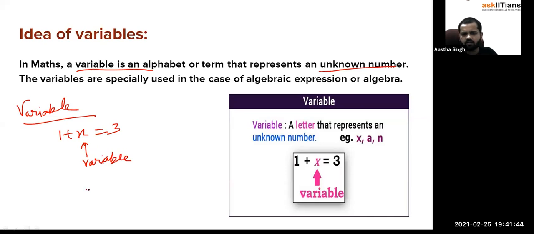The plus 1 will go to the other side and become minus 1. So x equals 3 minus 1, which is 2. Basically, your unknown quantity is your variable.